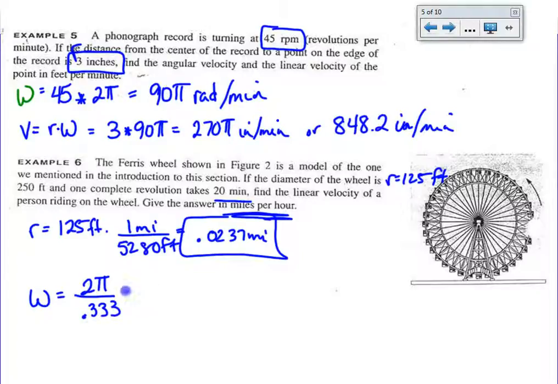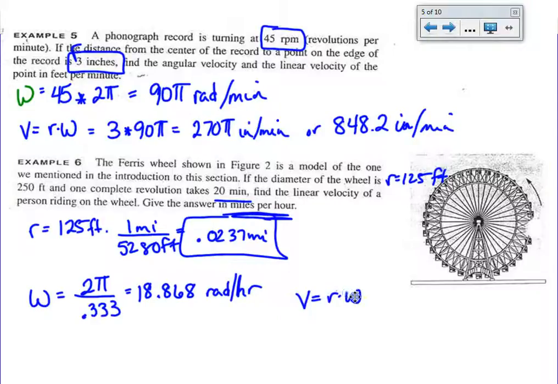And I'm actually going to go ahead and type that on my calculator. So our angular velocity is roughly 18.868 radians per hour.